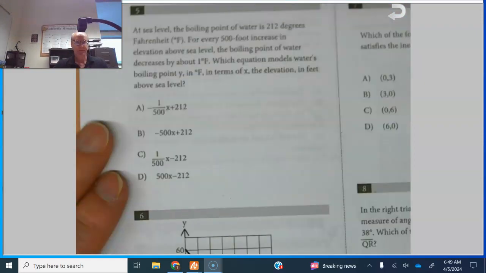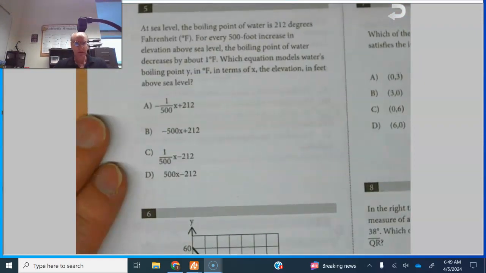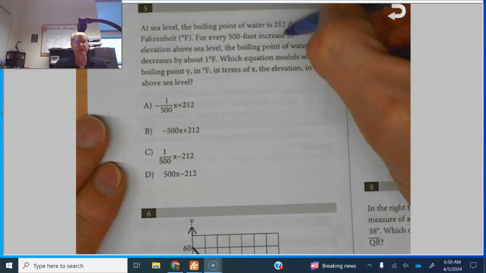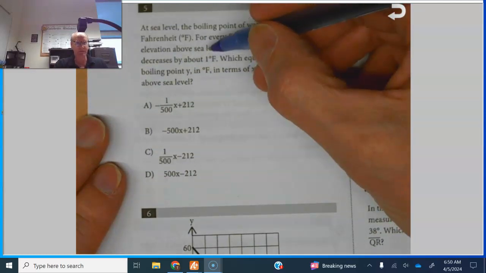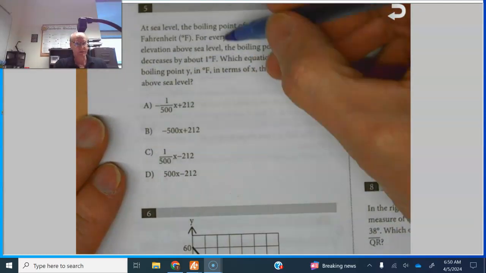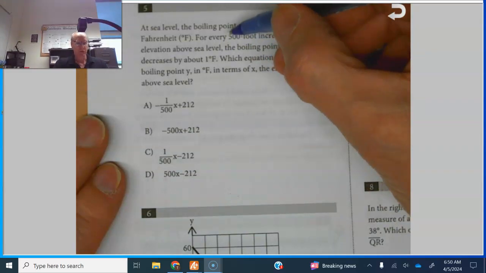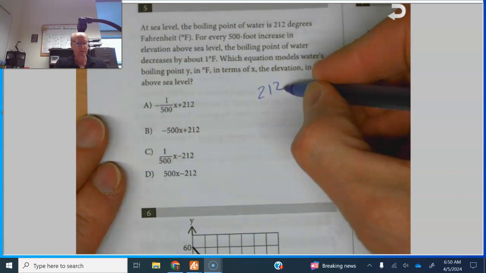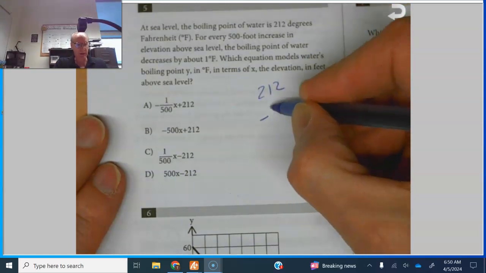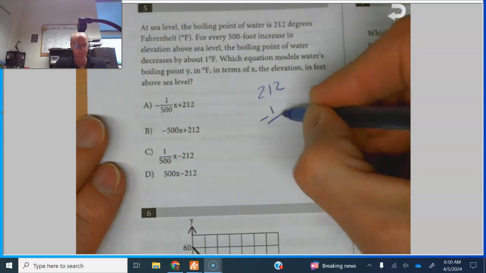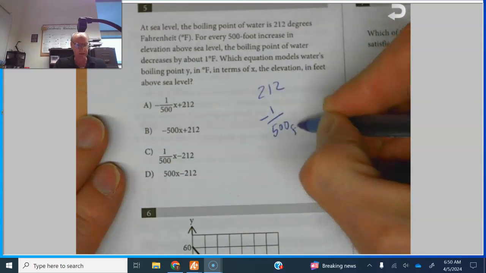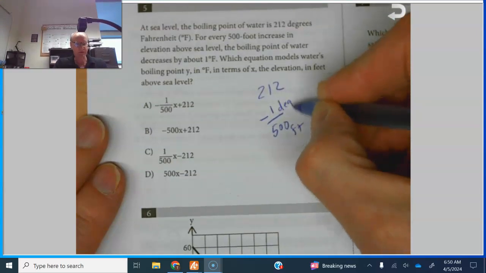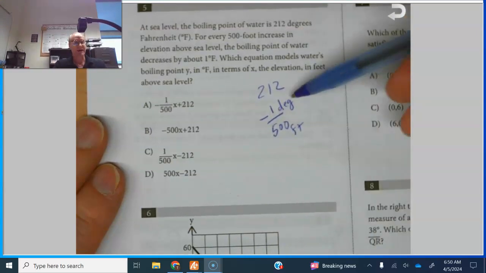Okay, this is actually true that for every 500 feet of elevation above sea level, the boiling point decreases by 1 degree. So we know that the boiling point is 212. And it's going to decrease 1 degree for every 500 feet. This is your slope, your rate of change.